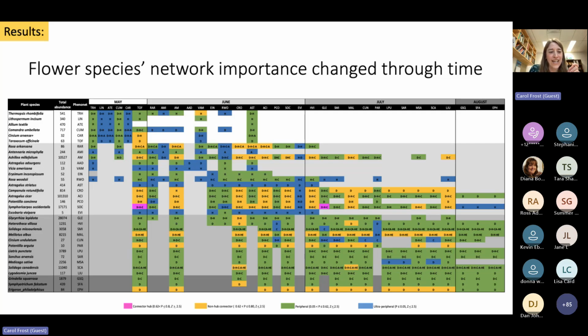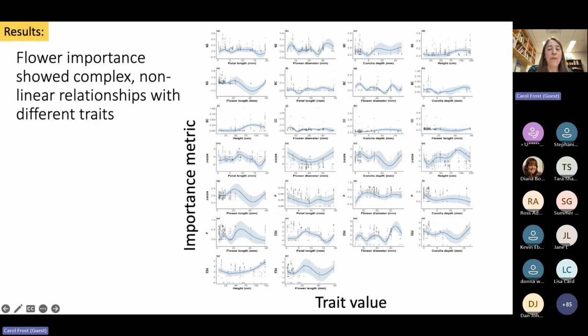So you can see that Symphoricarpos occidentalis is the only one that achieves pink anytime, but it's only 2 times. It's in May and it's in July. Other times it's less important. It actually even achieves blue, which is like least important to the network. So looking across all the plant species, you can see that for all plant species, their network importance changed a lot across months.